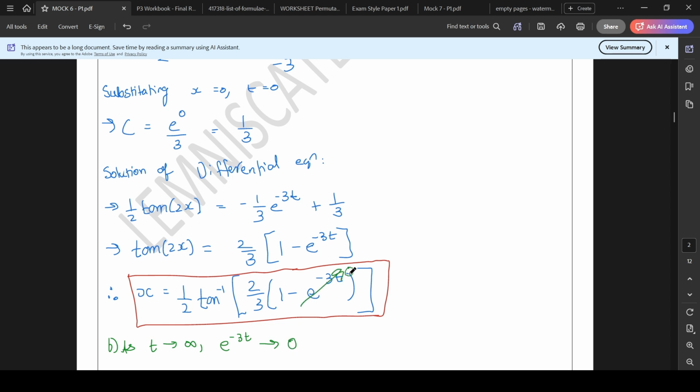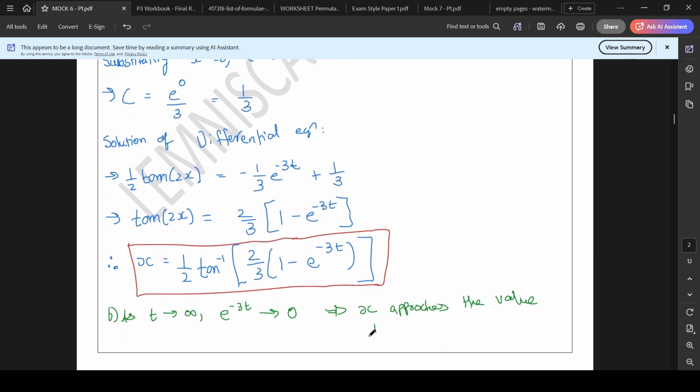And if this becomes 0, you are left with half tan inverse of 2 by 3. So this will imply that x approaches the value of half tan inverse of 2 by 3. This will become your final answer over here.